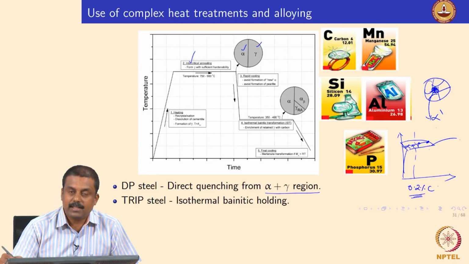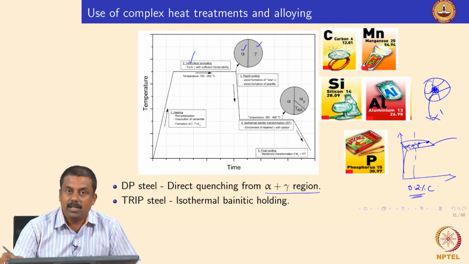During this process, as I already explained, you will have a martensitic and ferritic mixture of microstructure, and when the austenite transforms to martensite, you will have a volume expansion. This volume expansion has to be accommodated by generating mobile dislocations at the interface between the ferrite and the martensite.